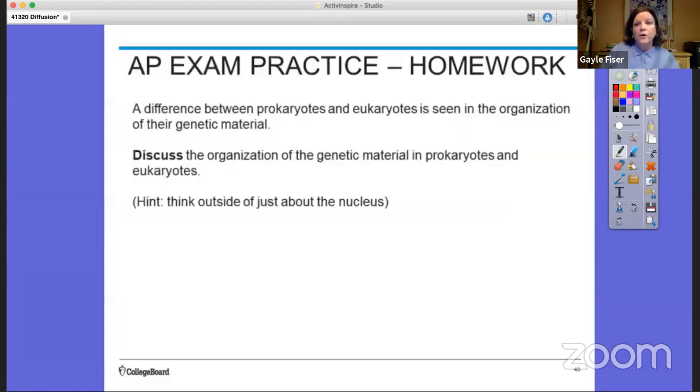All right, so for your homework: a difference between prokaryotes and eukaryotes is seen in the organization of their genetic material. Your job is to discuss the organization of the genetic material in prokaryotes and eukaryotes. Now, I do not want you to just write that prokaryotes do not have a nucleus, they have a nucleoid region, and the eukaryotes have a nucleus.